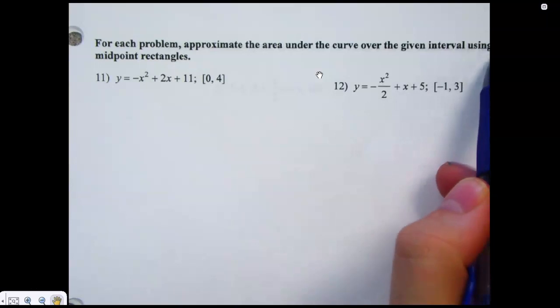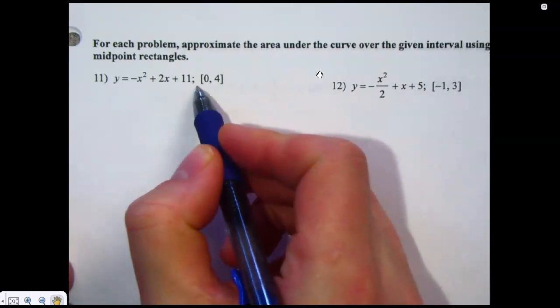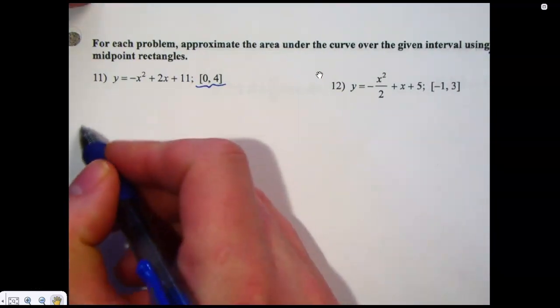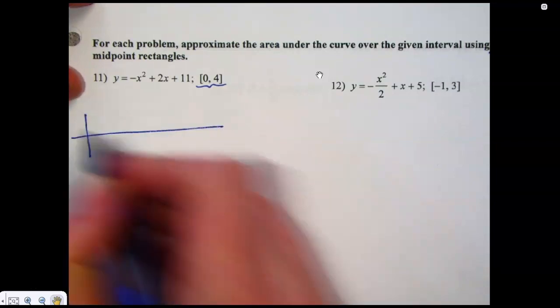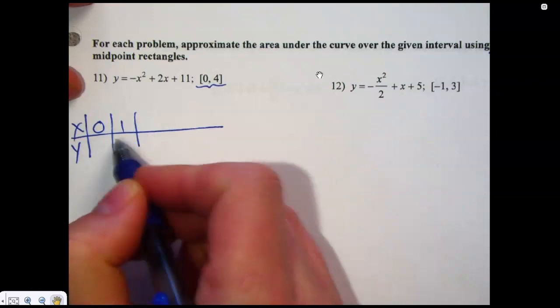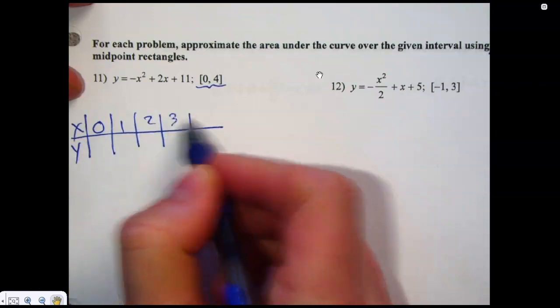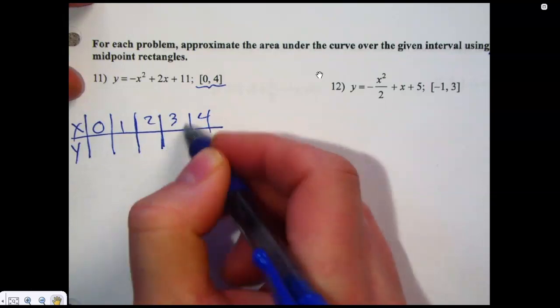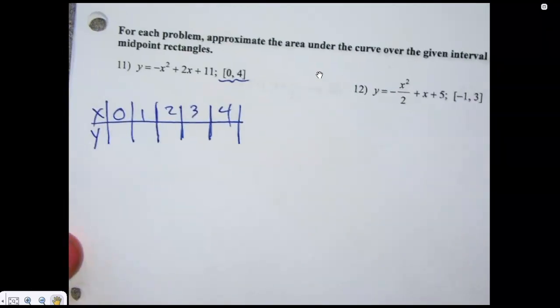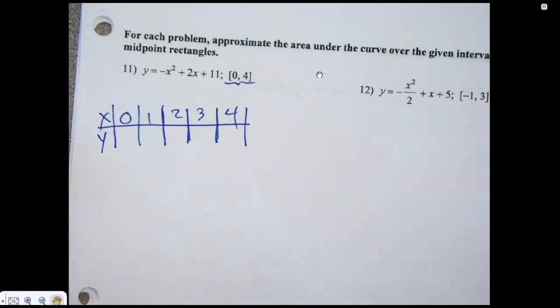But if there's going to be 4 rectangles and I'm doing it across 4 units, what's the size of each rectangle going to be? It's going to be 1. So I'm going to have 4 intervals, and I'm going to make my own table. In midpoint, you don't really need to find the values at the endpoints, but I'm going to do it anyways because that's what you would do in all of the other versions.